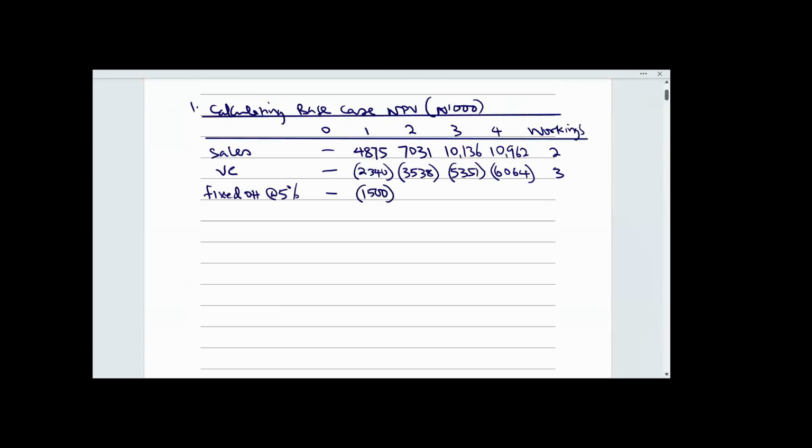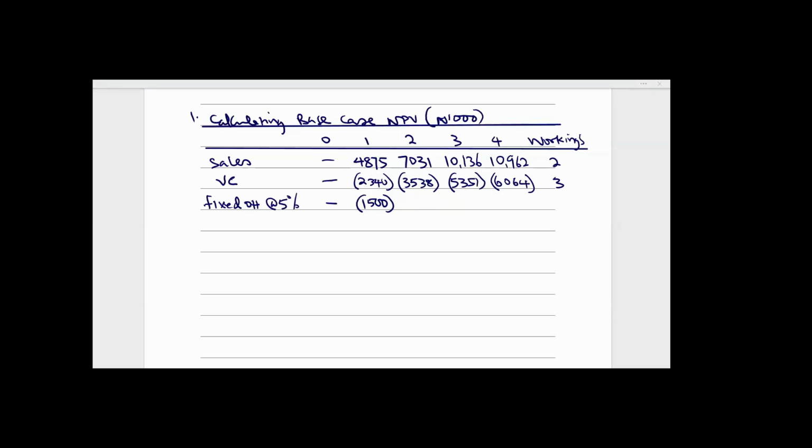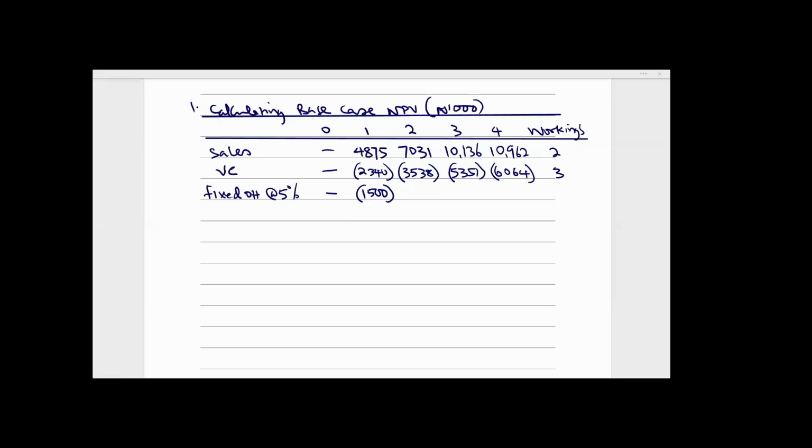The examiner now told us that the inflation rate on the fixed overhead is 5%. So from my calculator, 1,500 multiplied by 1.05 equals 1,575.